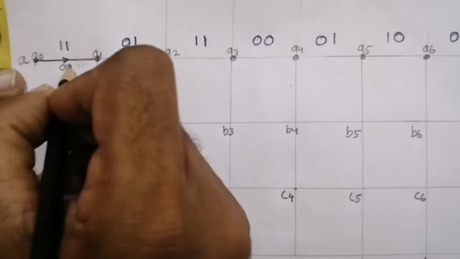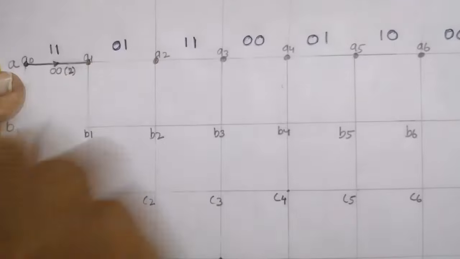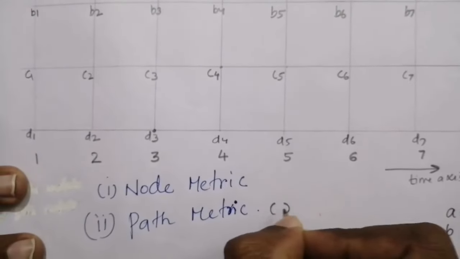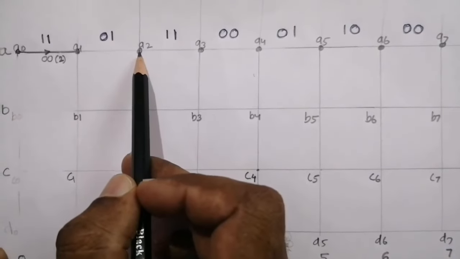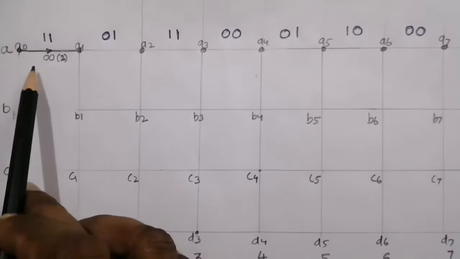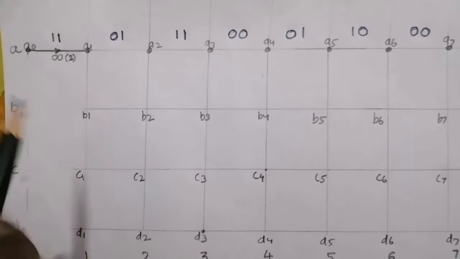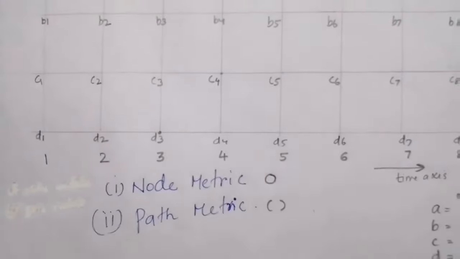Here we can see that they differ in 2 bits, and it is represented in brackets like this. Now node metric is the sum of path metrics. If you want to find the node metric at A2, it will be equal to the sum of this path and this path, and the node metric is represented in a circle.